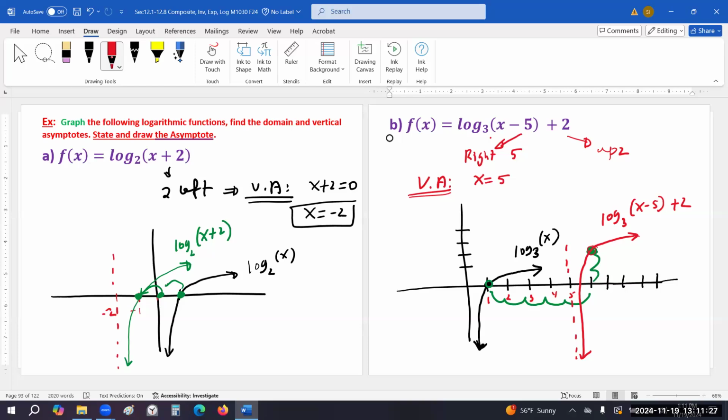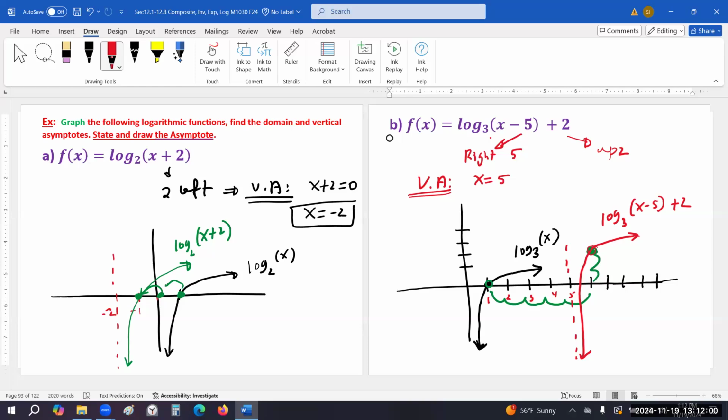Vertical asymptote. So the transformation is the same for every function. Plus minus inside means left, right, and outside plus minus means up and down. And a negative in the front means reflection about the x-axis. The same transformation, same everything, just the graph is a little bit different. For the log, the negative can be in front of the log or in front of the parentheses. It depends. Do you remember from the exponential?